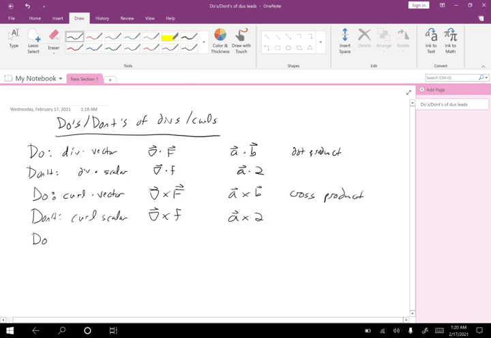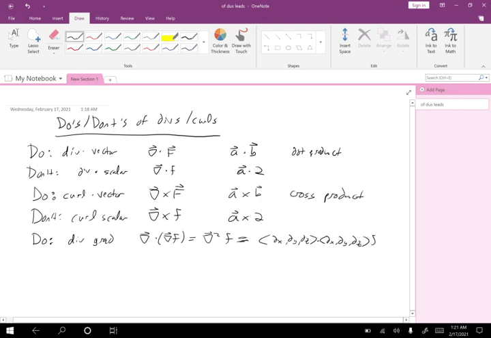Do: you can take the divergence of a gradient. So you can take del dot del f. And actually, it's advisable to take the divergence of a gradient, because this thing, which is del squared f, looks like d/dx, d/dy, d/dz dotted with d/dx, d/dy, d/dz.